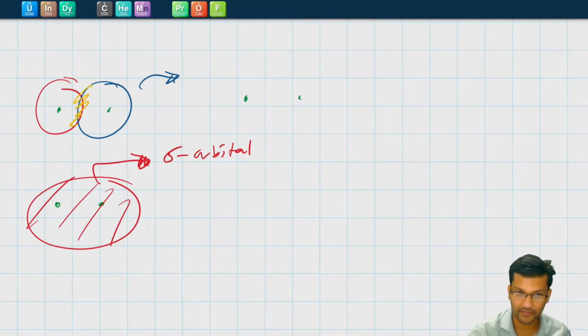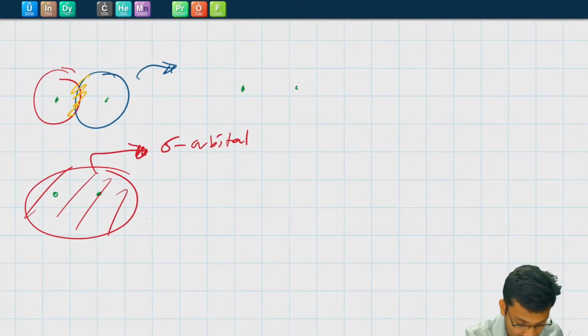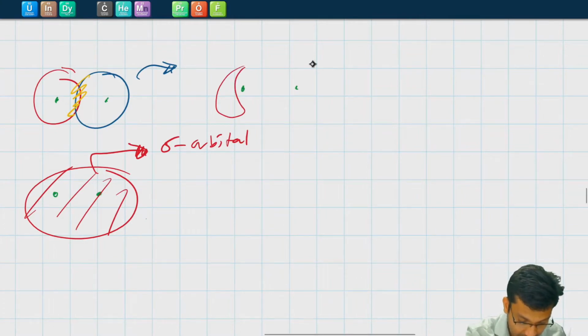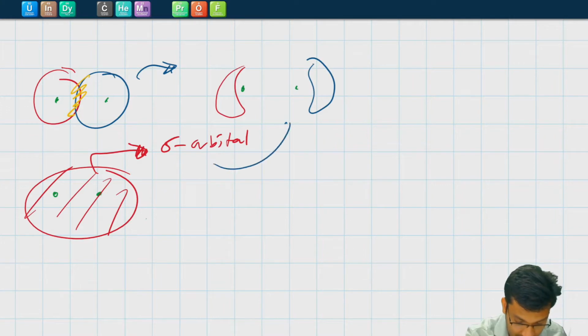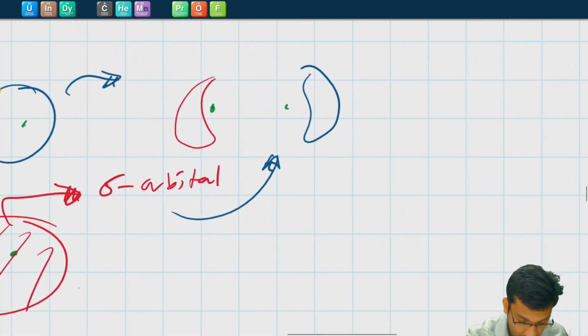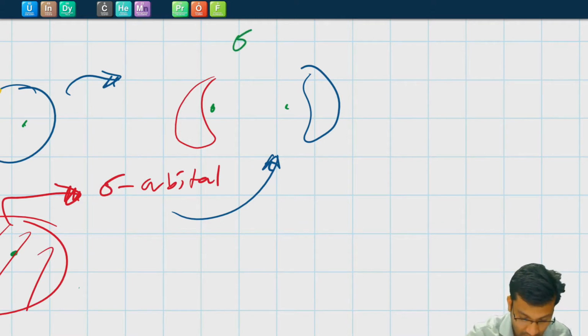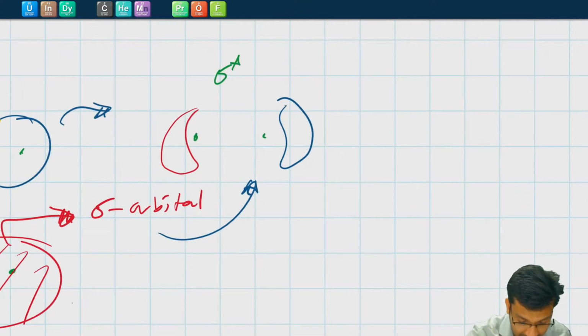A positive wave and a negative wave cancel each other out. So a little bit of the red would be left over over here, and a little bit of the blue over here. And so this no longer looks like a bonding orbital. We'll call this a sigma anti-bonding orbital.